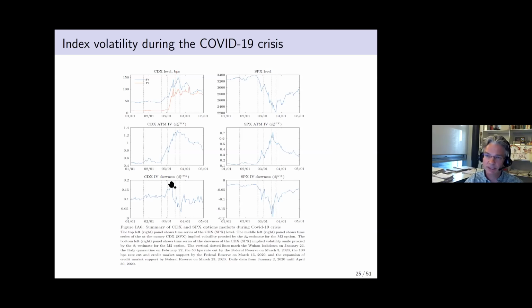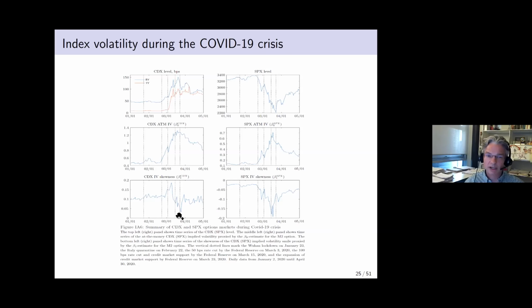Interestingly, that is essentially a measure of the credit crash probability, if you want, that becomes more significant. But you can see that it recovers much faster, much earlier than on the equity side. The bars on the graph correspond to different events. This was the Wuhan lockdown. This was issues in Italy.